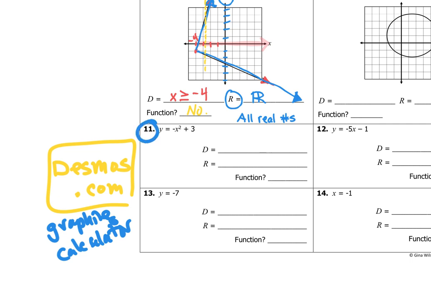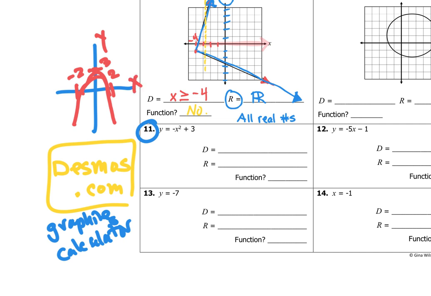But when we look at number 11 and graph that, we end up with a curve like so. And let me see, where is mine hitting the axes? It's hitting somewhere under 2 and somewhere above -2 and also somewhere at 3 on the y-axis.